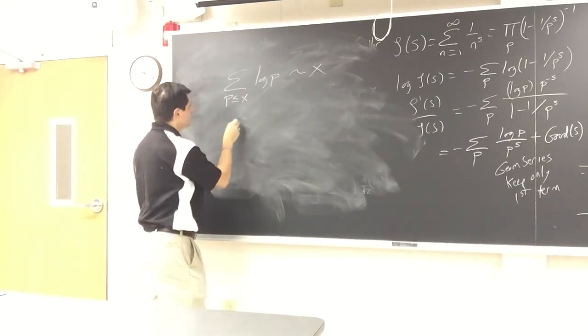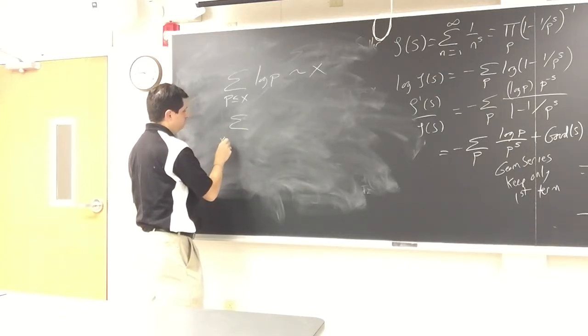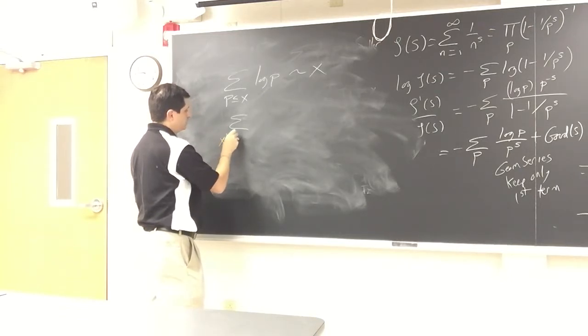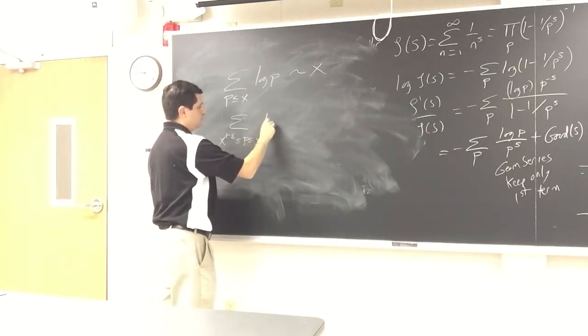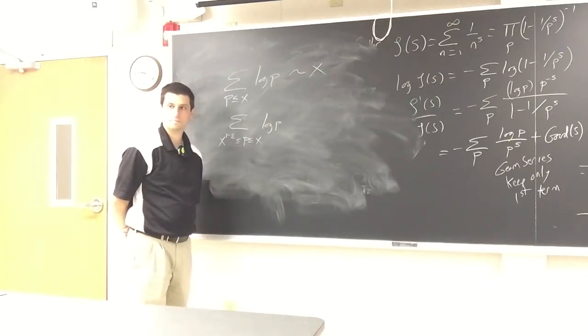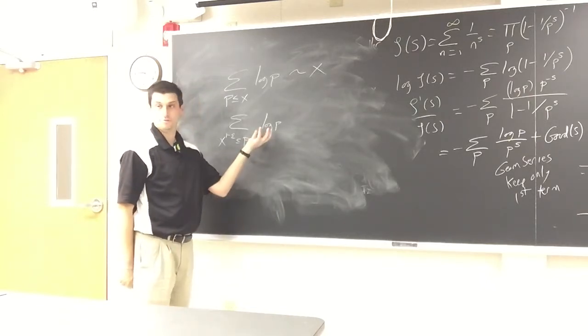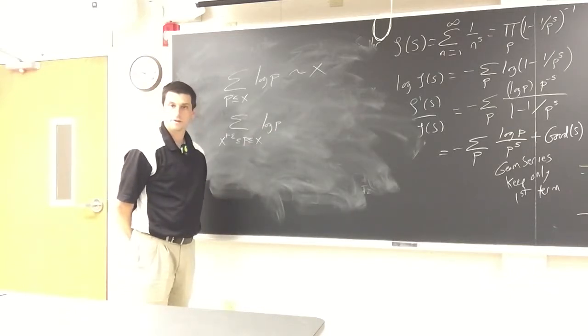One thing we could do is look at the sum over x to the 1 minus epsilon less than or equal to p less than or equal to x of log p. Now, in this range, what can you tell me about log p?